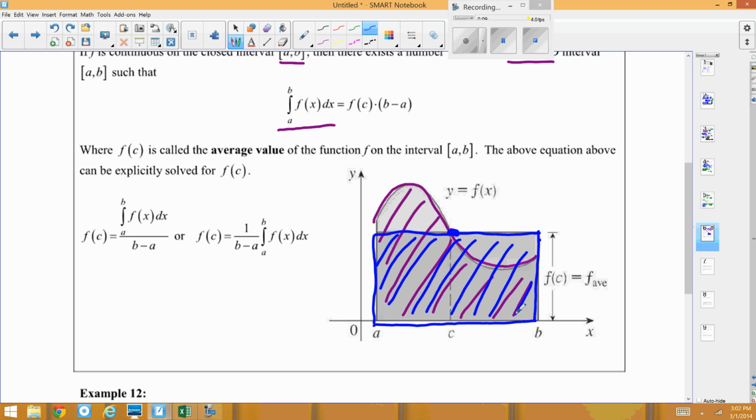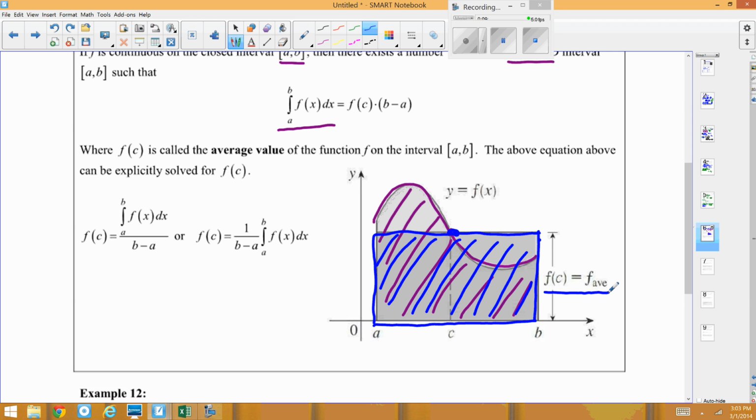So somewhere there exists a particular height such that the area of the rectangle is the same as the area under the curve. That height, that f of c, just has a different name.